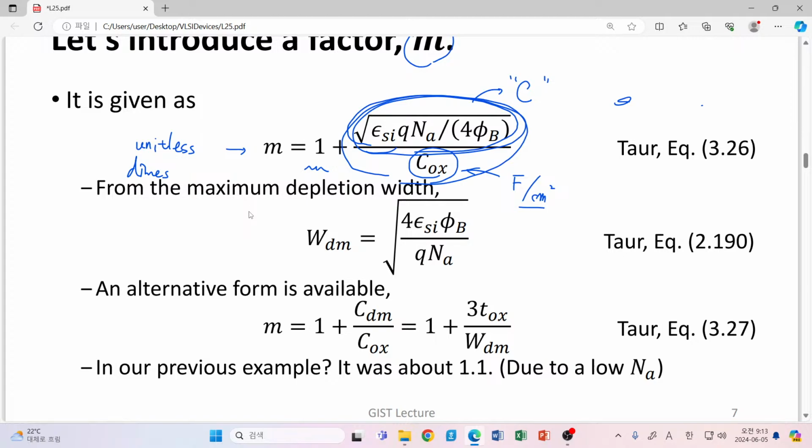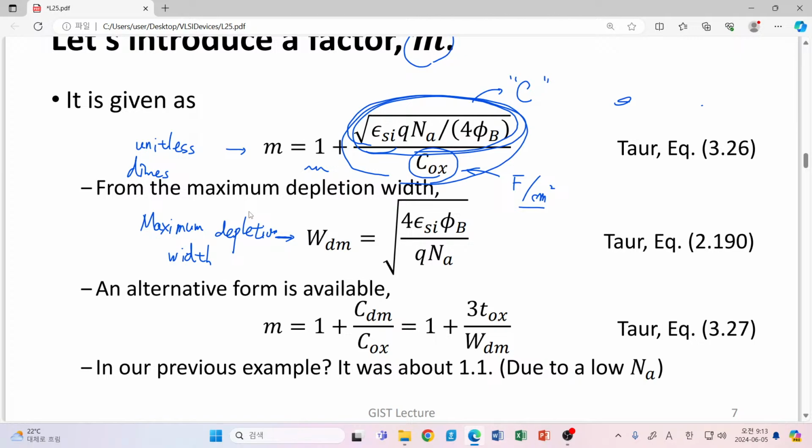And you can see that this quantity is corresponding to the maximum depletion width, which can be obtained when we have the surface bending, surface potential of 2 times phi b.